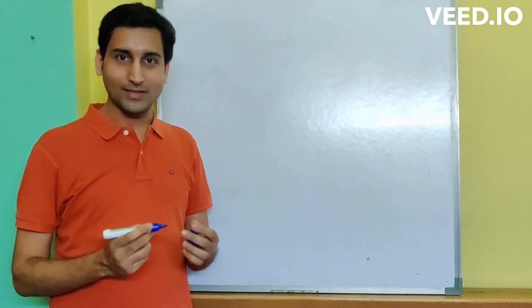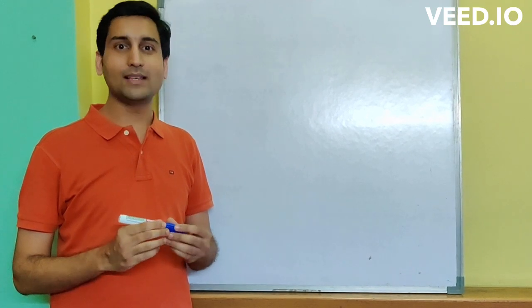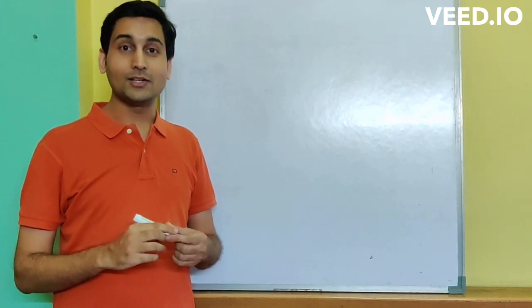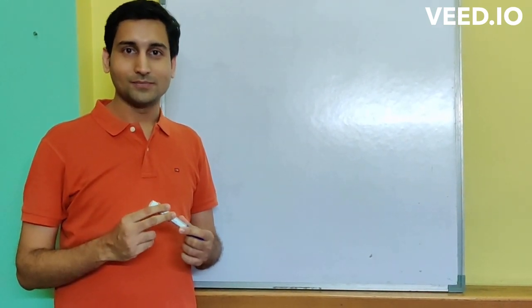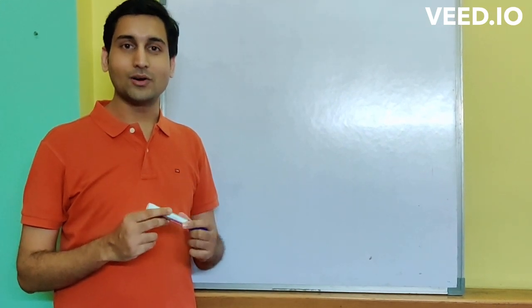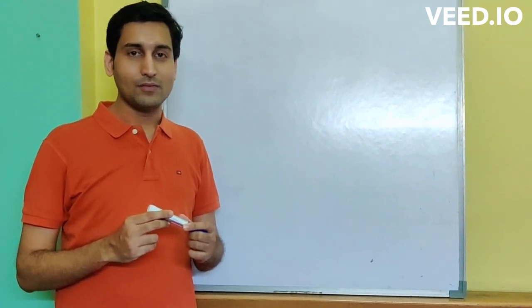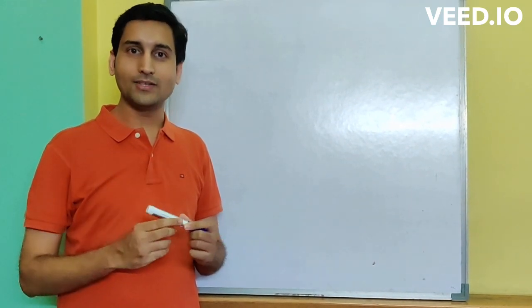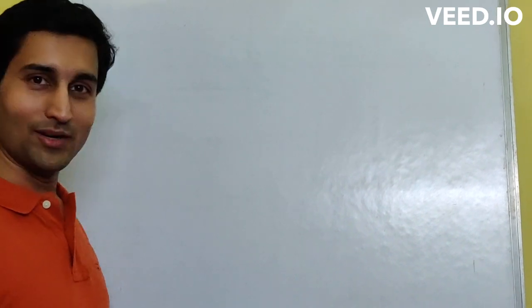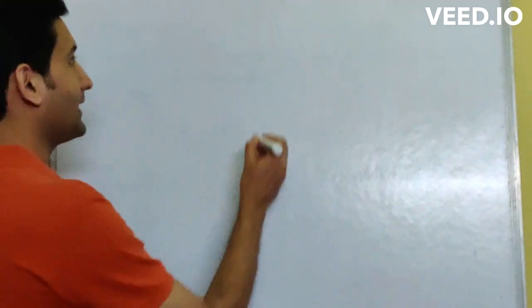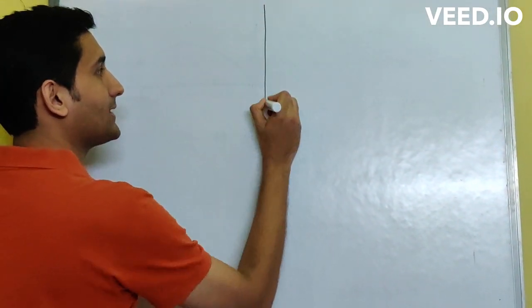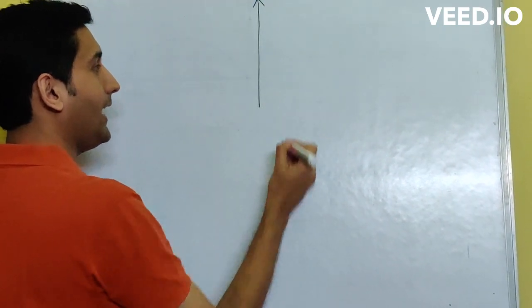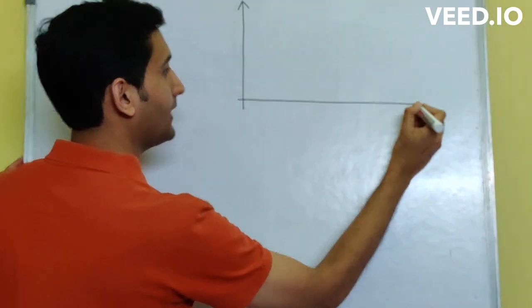This kind of motion, which is horizontal as well as vertical, is a two-dimensional motion, and such a particle is called a projectile when it moves under constant acceleration in the vertical direction. Let's see the projectile motion on the board. Let's take y-axis as the vertical direction and x-axis as the horizontal direction.